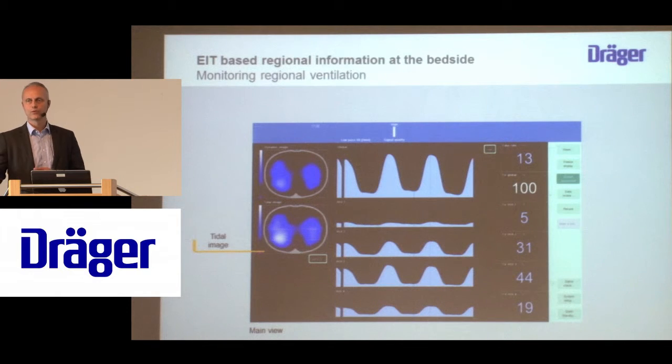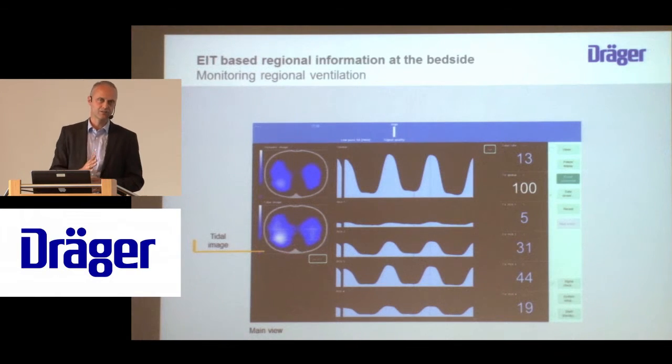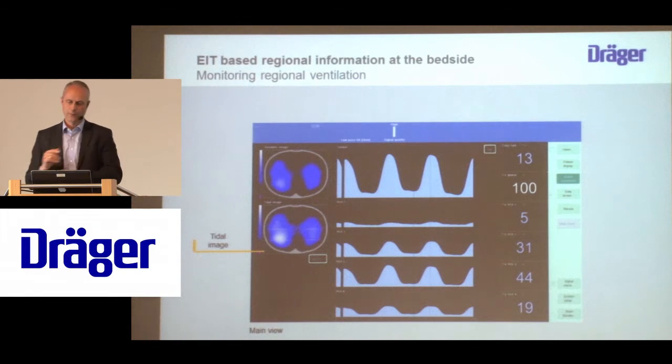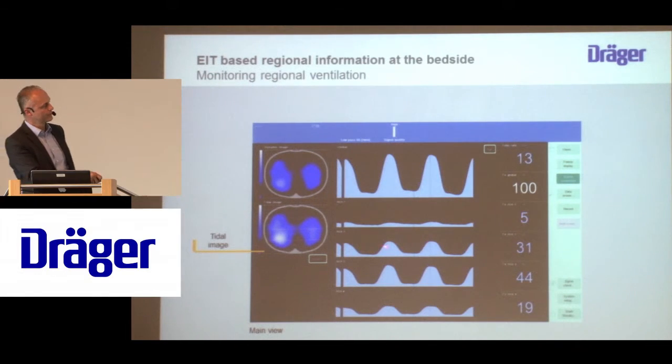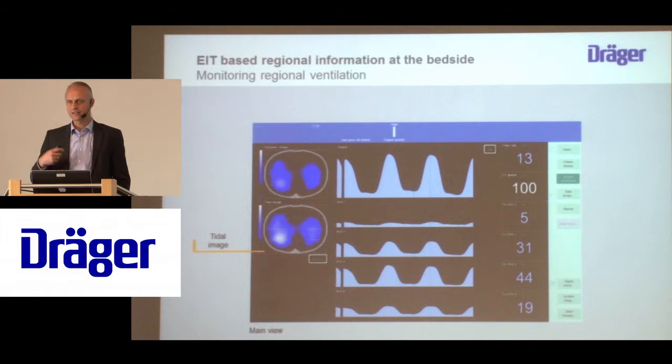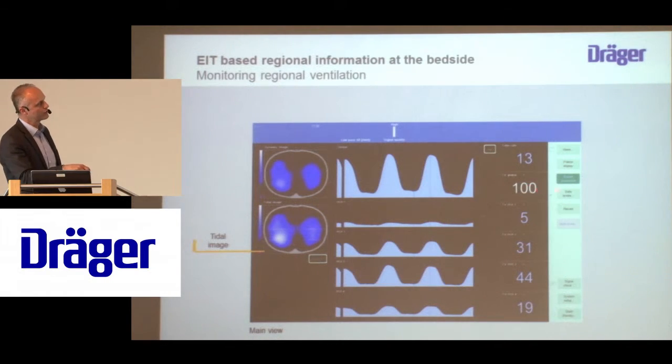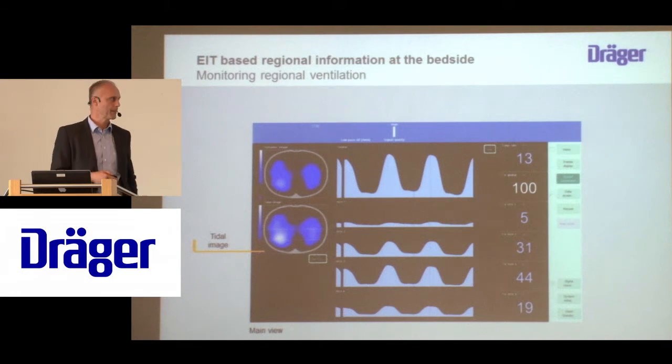If you want to look at unilateral diseases, you could also subdivide such an image into quadrants. And then for each of the regions, it's always 4, we would get a corresponding regional impedance waveform and also corresponding percentages that express how much of the total tidal volume, which we have here normalized to 100%, will be distributed into the different parts of the lung.